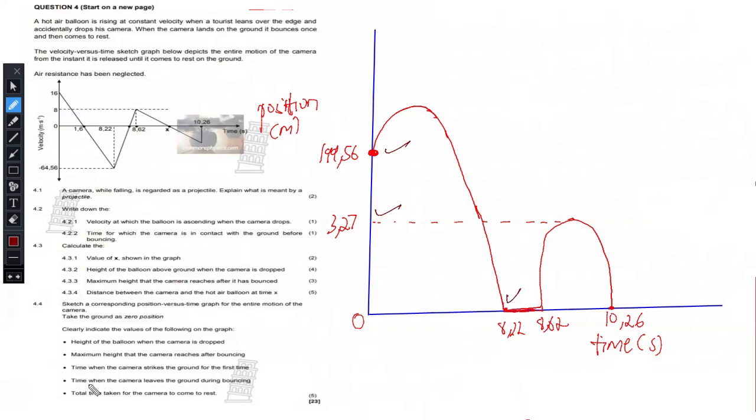There we go. Time when the camera leaves the ground during bouncing. There we go. And then the total time taken for the camera to come to rest. There we go. So, yep, that would exactly be 5 marks. And then you can just say position versus time here. So, yep, that's how we were supposed to have this.